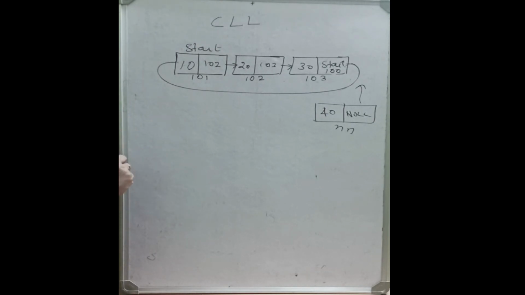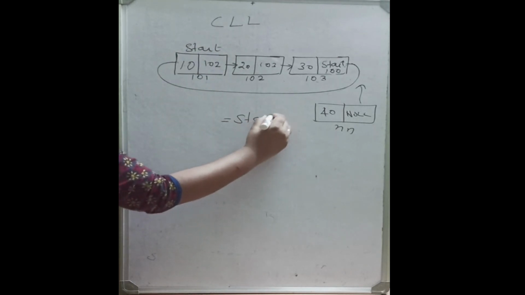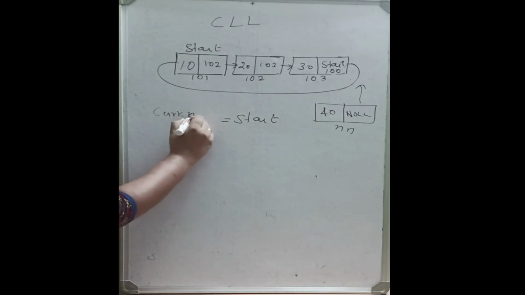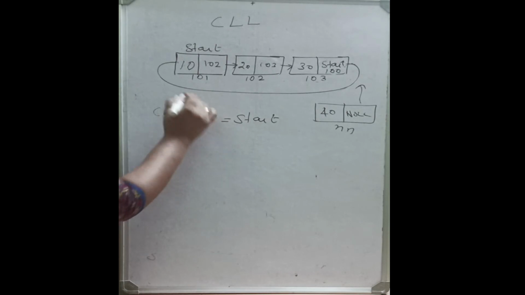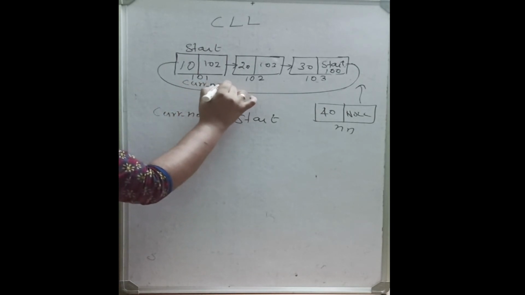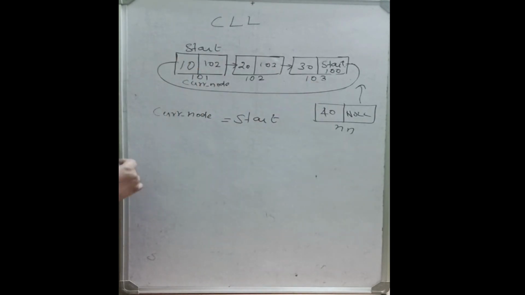Now what you have to do is use one more pointer. We are going to assign the address of start to one more pointer called current node. So now this is your current node. You bring this current node to the end.